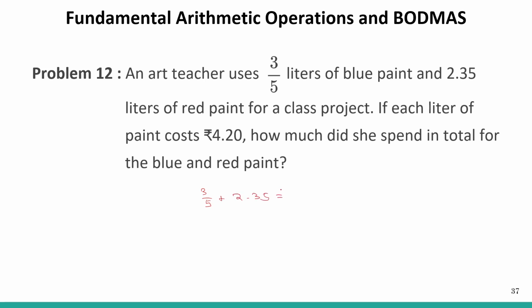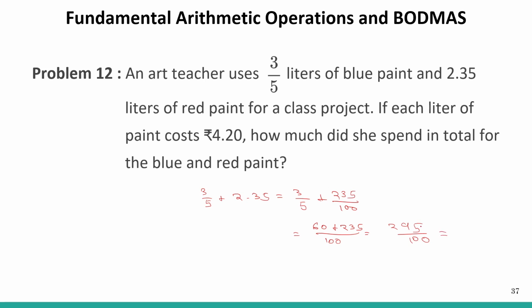Converting the decimal to a fraction, we get 3 by 5 plus 235 by 100. Over 100, 20 into 3 is equal to 60 plus 235, so it will be equal to 295 by 100.